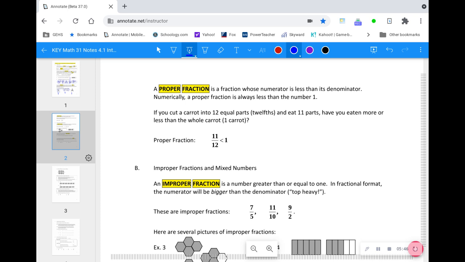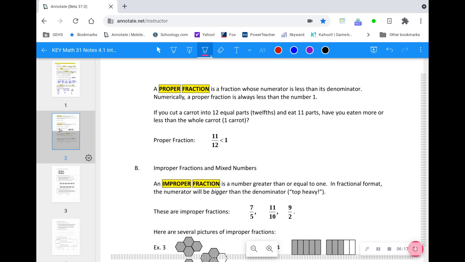So if you have just a single thing like a candy bar that you're cutting into pieces, or a stick, or maybe a string you're cutting into fractions or equal parts, if you end up with less than the original amount, you're dealing with a proper fraction, a piece of it that's less than the original amount. And if the original amount is 1, then your fraction is always going to be less than 1.